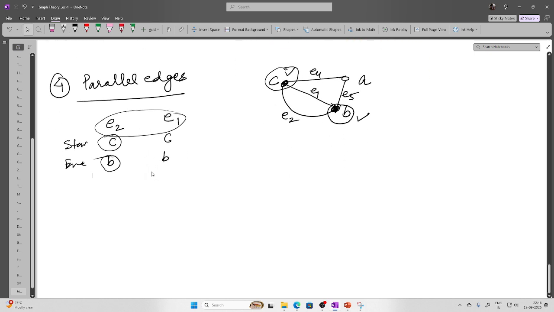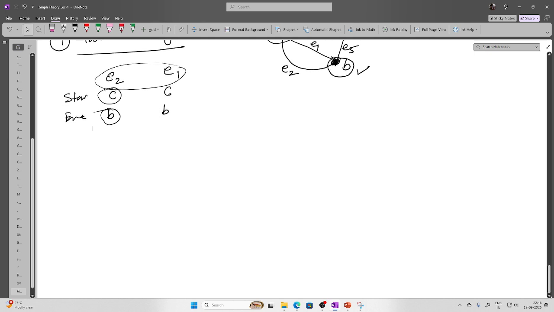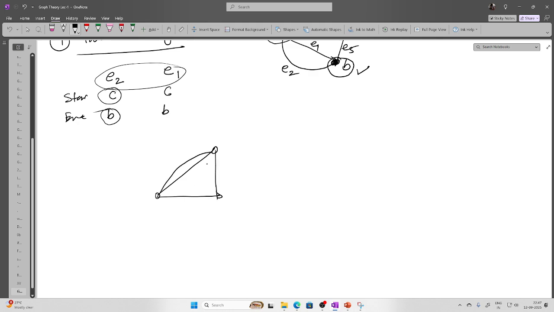Now you have to be very cautious while you are in a directed graph and you want to search for parallel edges. For example, this is one graph and this is another graph. What is the difference?